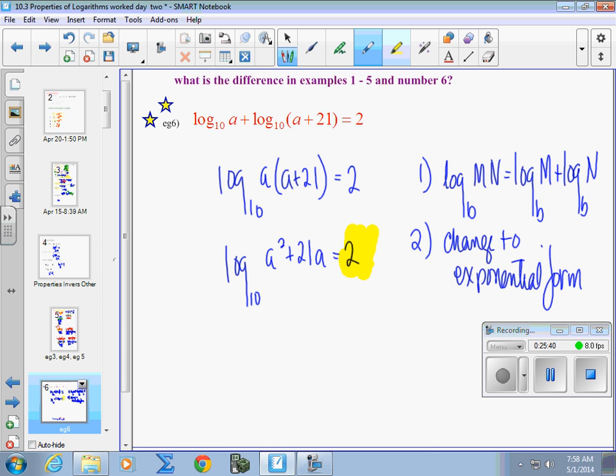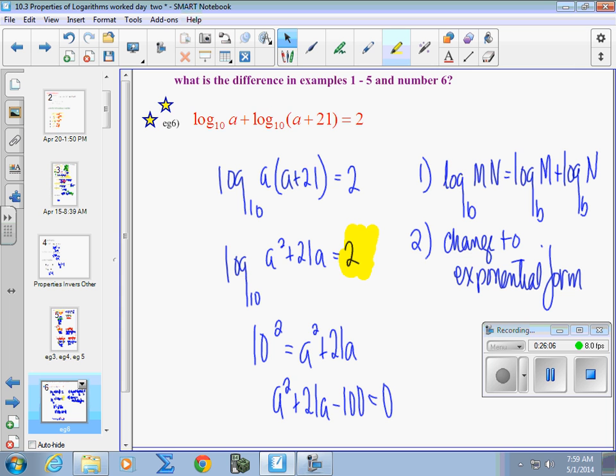Alright, so what's the base, guys? 10. What's the exponent? And all of it is equal to a squared plus 21a. What kind of equation do you have? Quadratic. Good. So we have a squared plus 21a minus 100 is equal to 0.